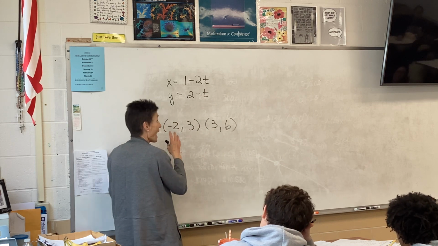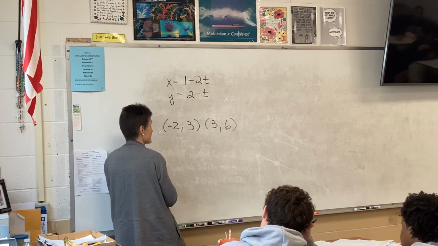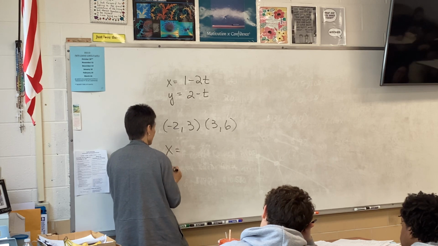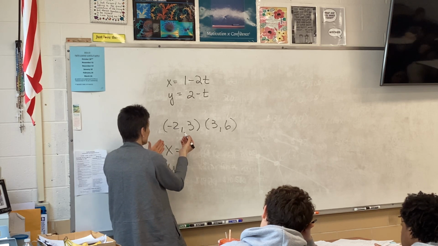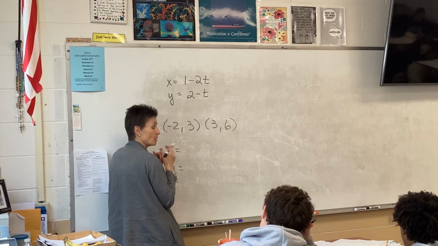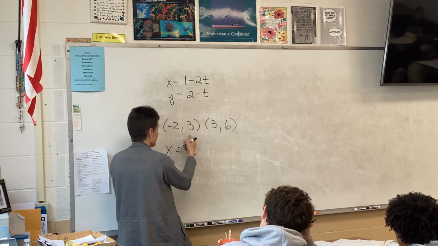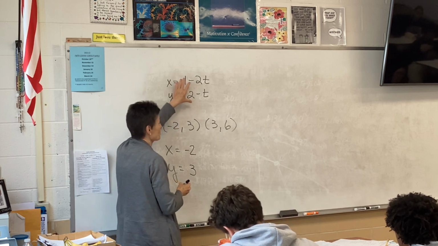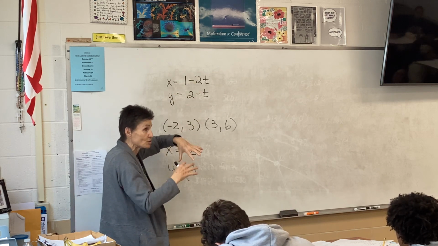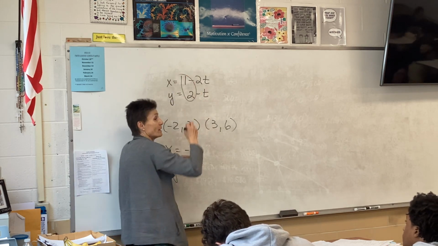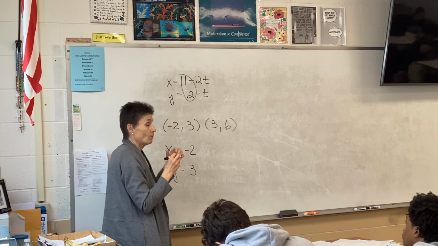So we could actually write the equation of this line parametrically. Okay, you got 2 points. I don't care which one you pick. Let's just use the first one. So we'll put -2 for the x and 3 for the y, because remember, we noticed this yesterday. This is a point on the line. Okay?